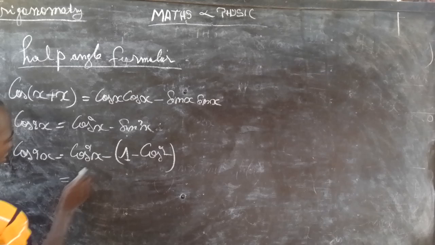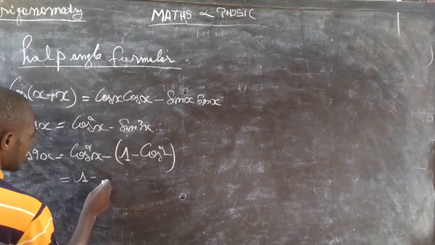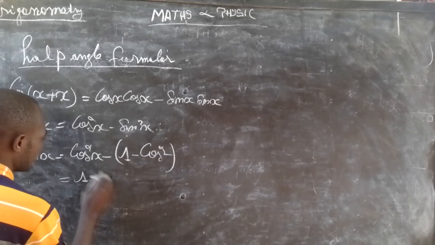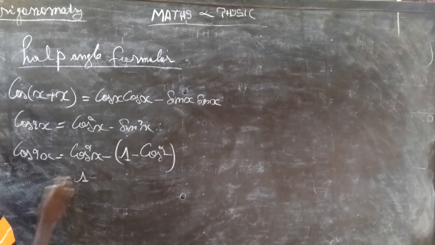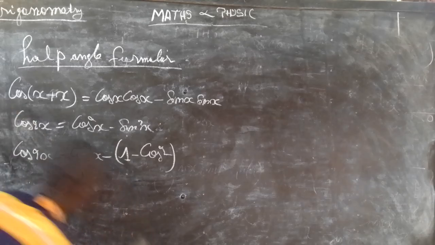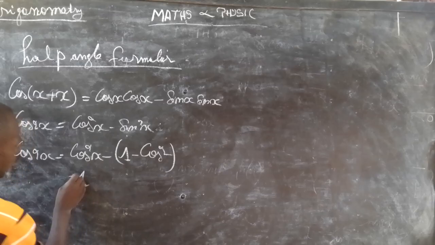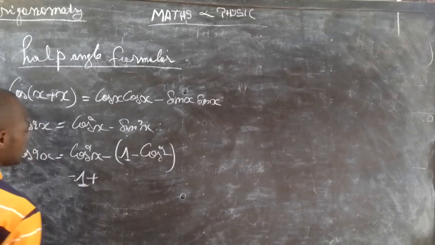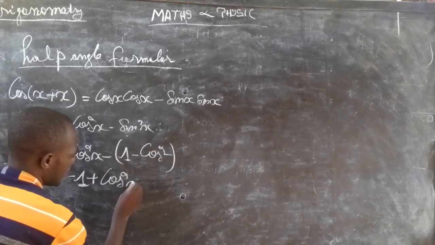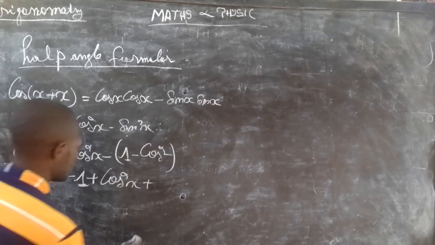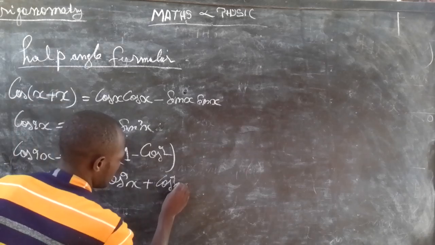So here we will have 1 negative, this will be negative, here will be positive, here we have 1, so here we have a positive cosine square x, also positive cosine square x.